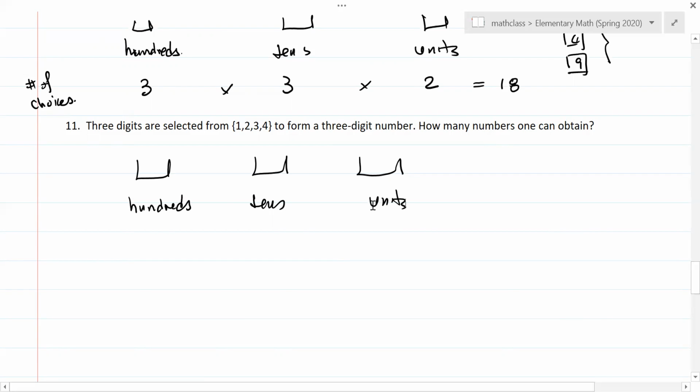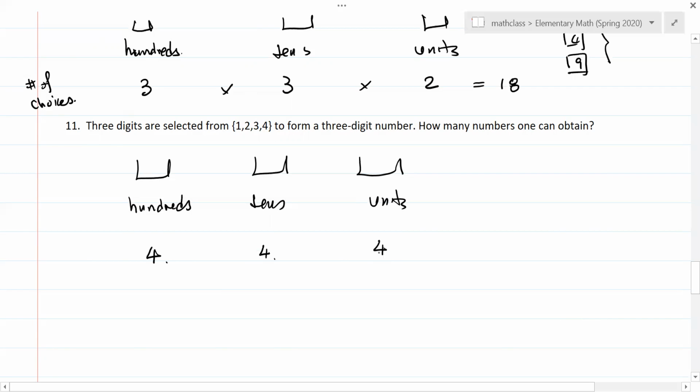So then the answer will be: 3 digits selected, and we do not assume that the digits are different. So how many? Each time we have 4 choices, 4 choices, 4 choices.